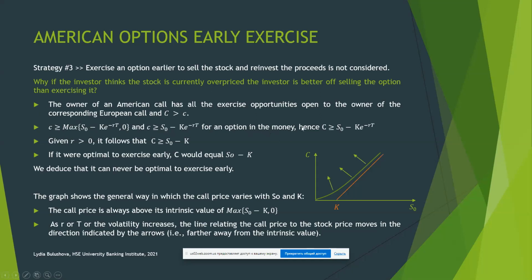So for an American option, we denote it with capital C. We can say it is at least the same. So an American call is more flexible than a European one. That's why its price is greater than a European call price.